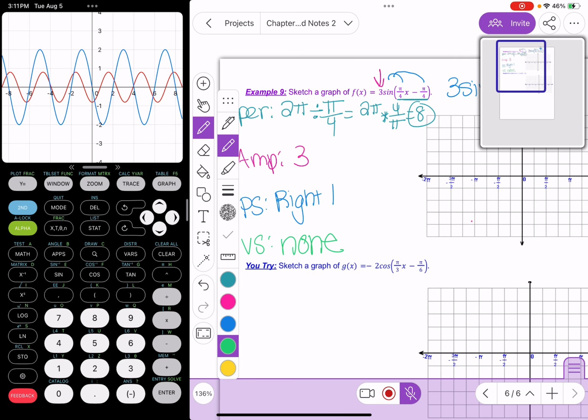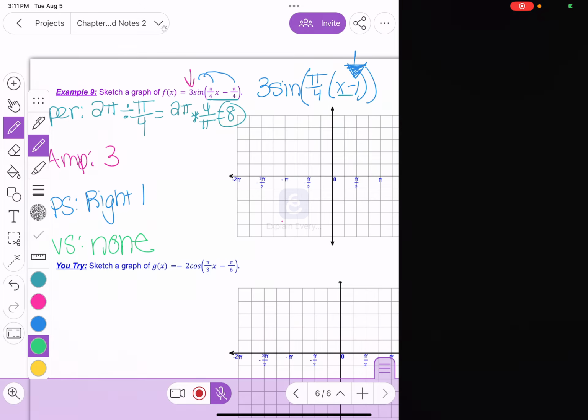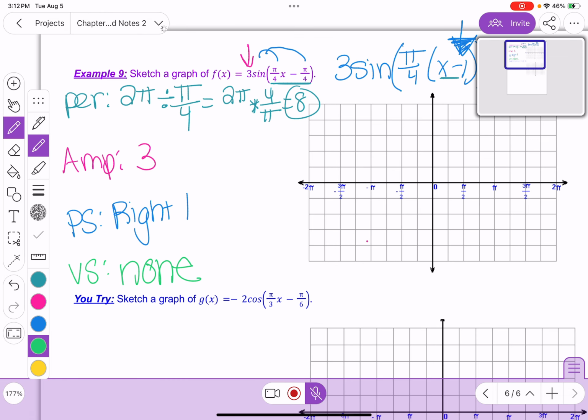So if I were to graph this one by hand, our period is 8, but our phase shift is 1. So let's see, pi is 3.14, so 1 is about 1.5, so 1's about here-ish.